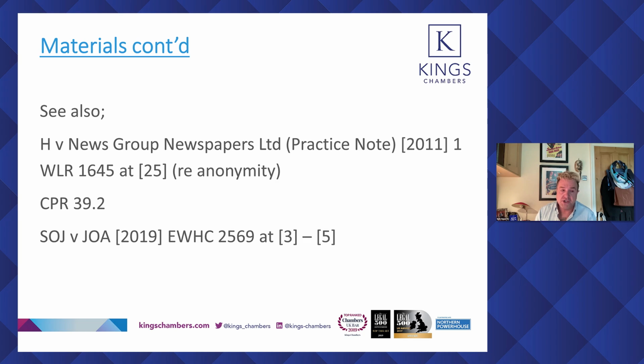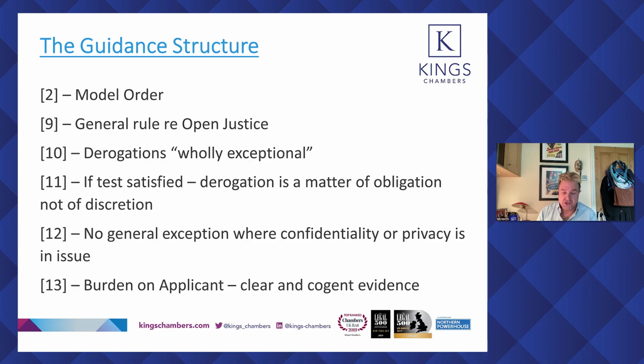Other guidance which you should be looking at in this regard is the H and Newspapers Group case, give the paragraph there, anonymity. CPR 39.2, which deals with private hearings and anonymity, and very good guidance in the SOJ-JOA case in 2019. The guidance structure, just to give you an overview, is that it firstly very helpfully gives you the model order.